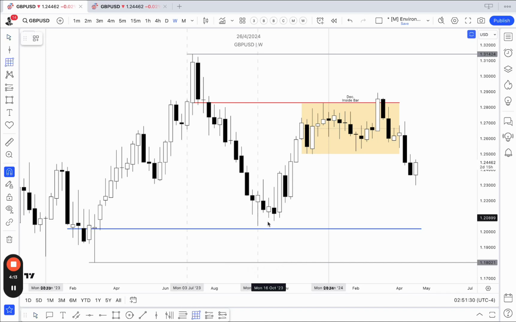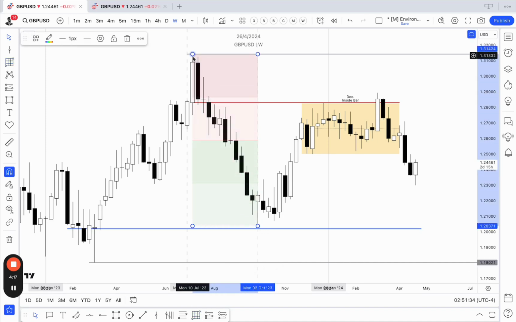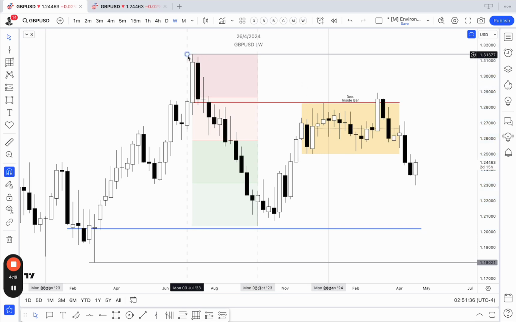So we can see here this is 2023 Q3's range. Here we are in an extreme premium condition, so it hit the order block in extreme premium, then rejected back down to a discount condition here. What is it reacting off currently?